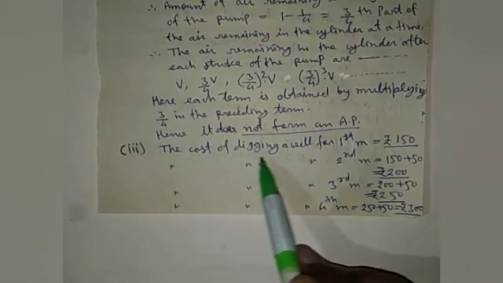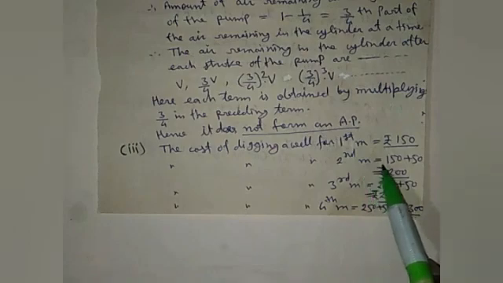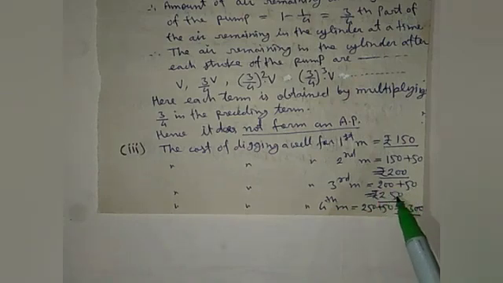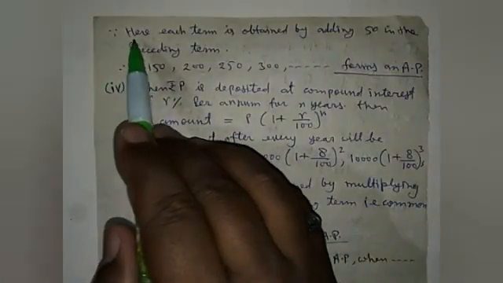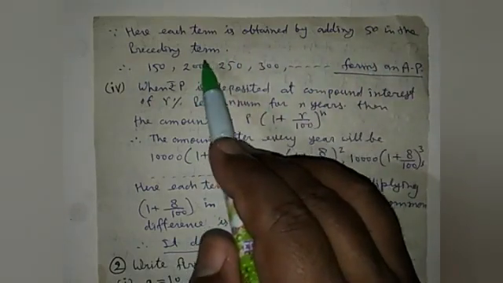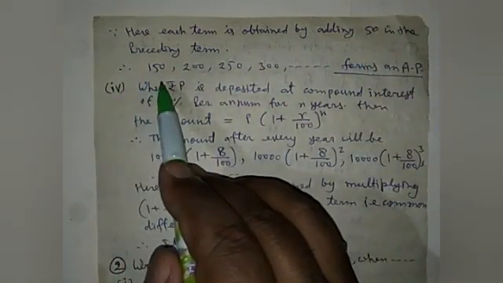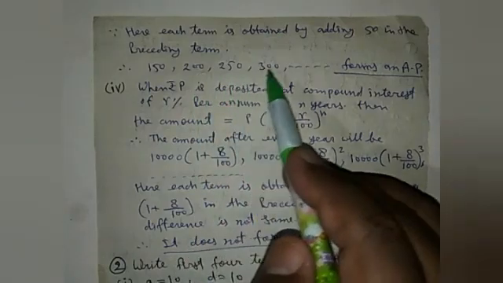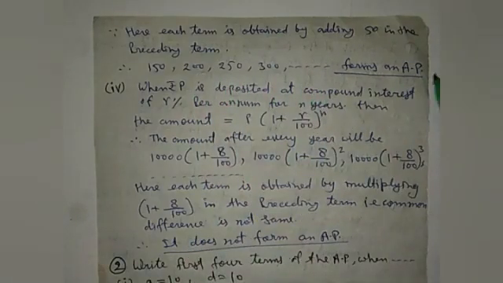So the cost of digging a well for the first meter is rupees 150, and for the second meter it will be 150 plus 50, that is equal to rupees 200, and for the third meter it is 200 plus 50, that is rupees 250, and for the fourth meter it is 250 plus 50, that is rupees 300. Since here each term is obtained by adding 50 rupees to the preceding term, the series 150, 200, 250, 300 forms an AP.